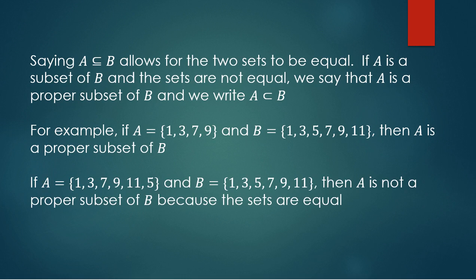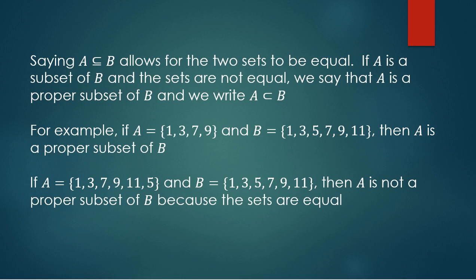These two sets, A and B: A is not a proper subset of B because the sets are actually equal. A is 1, 3, 7, 9, 11, and 5, and B is 1, 3, 5, 7, 9, and 11.